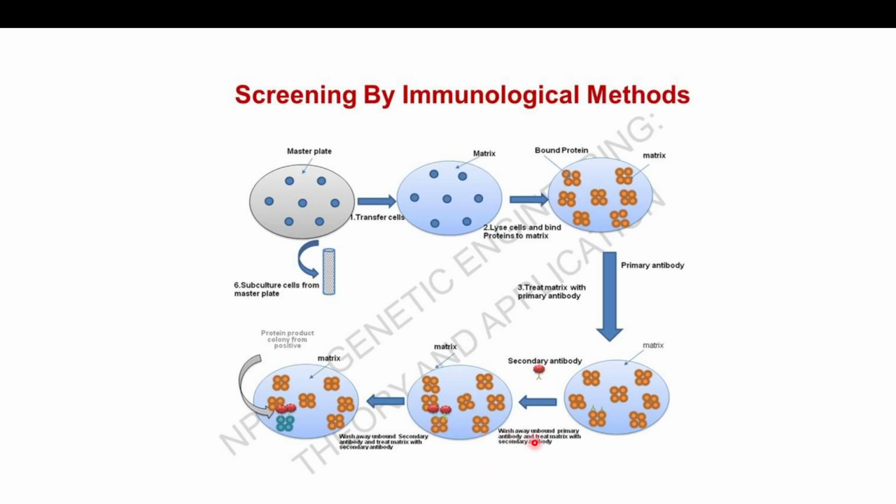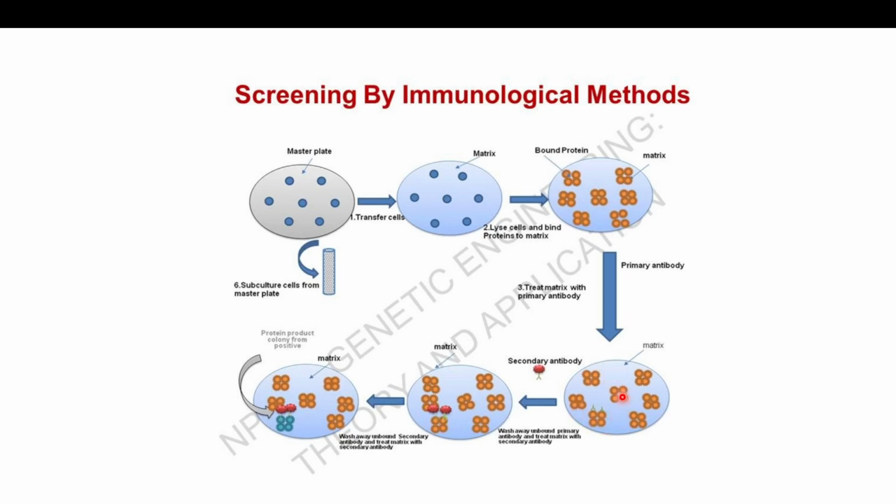And then the secondary antibody usually is labeled, just as in hybridization the probe was labeled. The signal given by the secondary antibody can tell us which particular cells were expressing our proteins of interest.